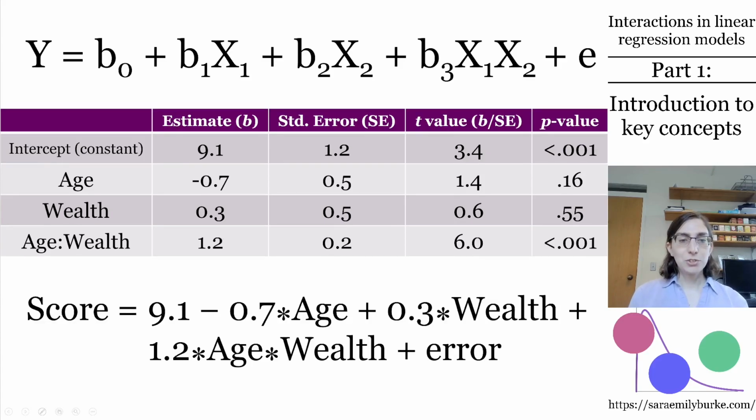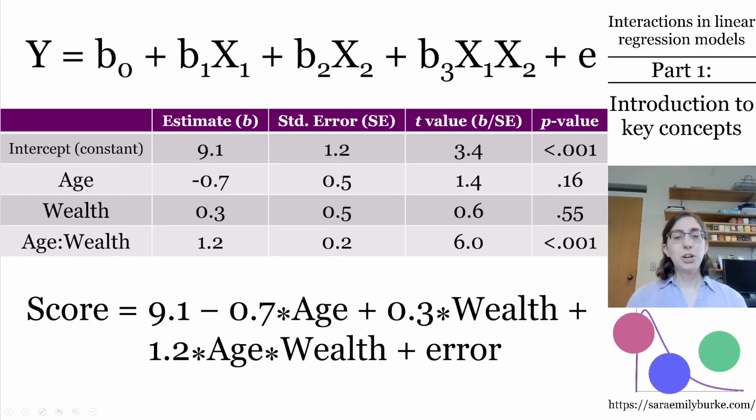You can write out the regression equation using the literal numbers and variables from the model. So the score on whatever the response variable is in this quick example is equal to 9.1, that's the intercept, minus 0.7 times age, plus 0.3 times wealth, plus 1.2 times age times wealth, plus, of course, the residual.